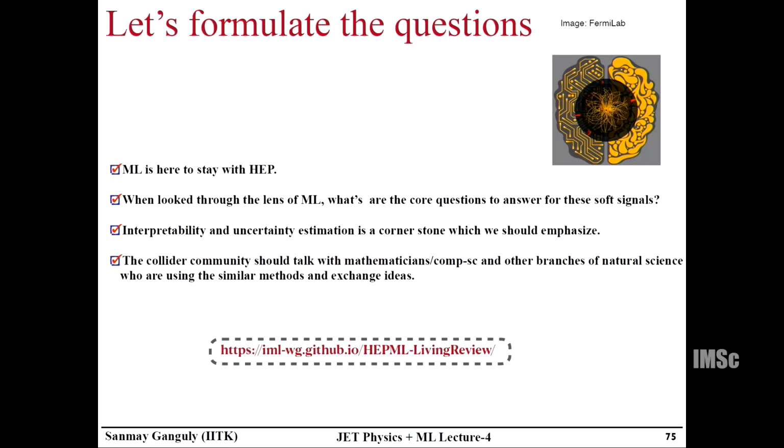Okay. So I just want to wrap up. If you talk about machine learning and high energy physics, it's going to stay with us for a significant amount of time. Some random ideas may come and go, but for the next 10 to 20 years, the development of machine learning ideas which can solve real, complex high energy physics tasks will be with us.